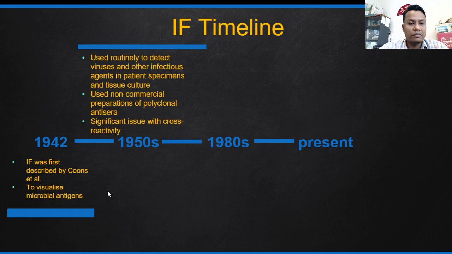So the background, the timeline for IF: it was first discovered in 1942 by Kunz, where he visualized microbial antigens. And by the 1950s, IF was already being used routinely to detect viruses and other infectious agents in patient specimen and tissue culture. But at that time, they were still using non-commercial preparations of polyclonal antisera, which had significant issues with cross-reactivity.